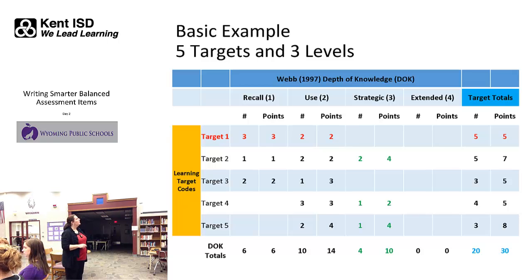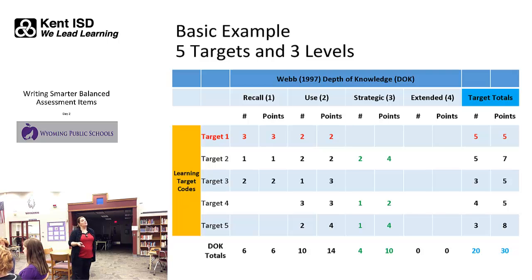Where was it decided that level 2 questions are worth 2 points? Are they worth 1 point each? In this example, a level 2 is worth 1 point each. So you have 2 questions, 1 point each, for a total of 2. And then strategic thinking questions are worth 2 points each.